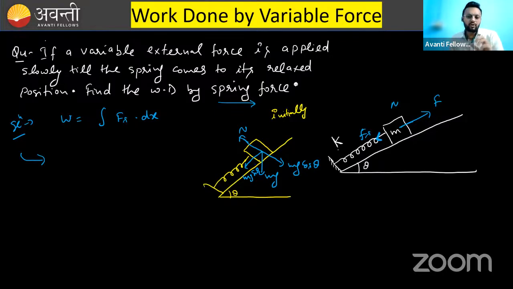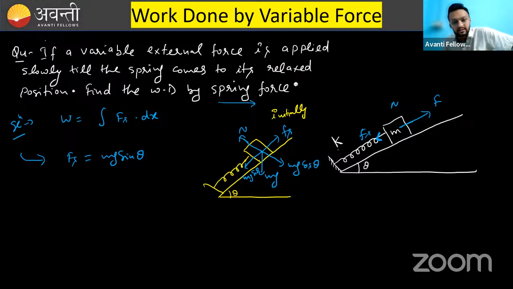Are you sure that the spring is initially compressed? If the spring is initially compressed, then it must be applying a force in the upward direction. This is what we are drawing, the initial situation. So the spring force is upward and mg sin theta is downward, and the block is at equilibrium. If the block is in equilibrium, then the spring force is equal to mg sin theta.